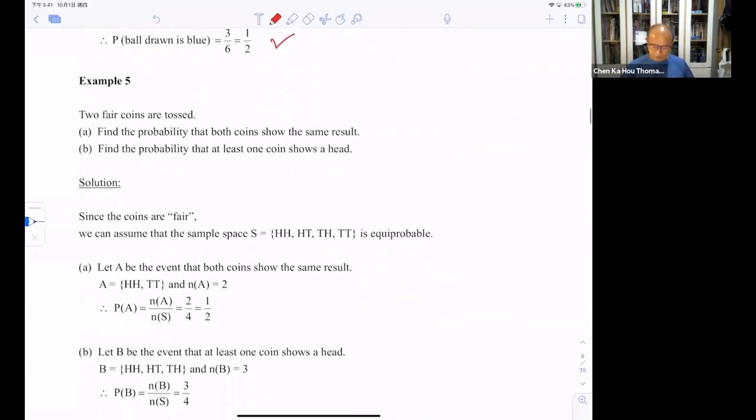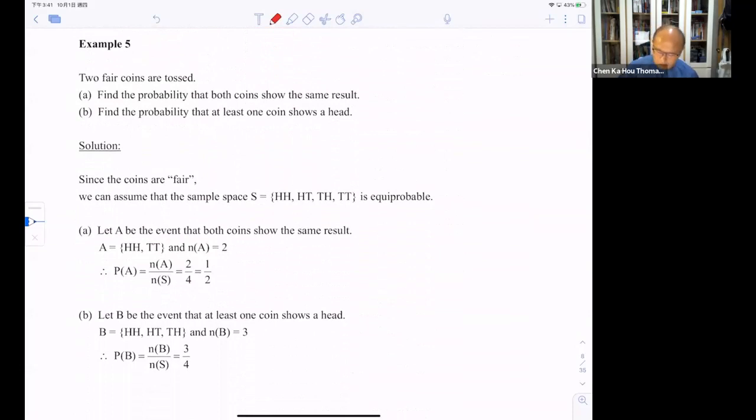How about this? If it involves two events: 2 coins are tossed, find the probability that both coins show the same result. First of all, we count how many possible events there are. That is, you count the size of the sample space. If H represents head and T represents tail, the outcomes are head-head, head-tail, tail-head, or tail-tail.